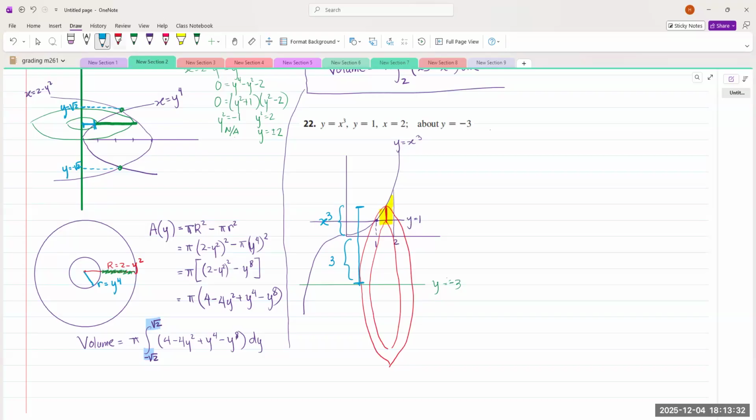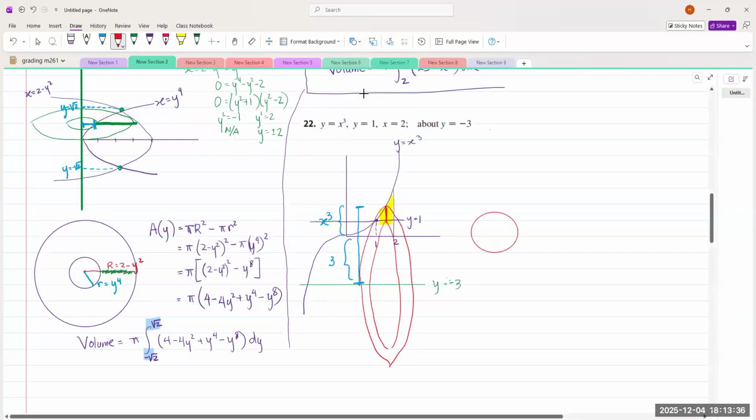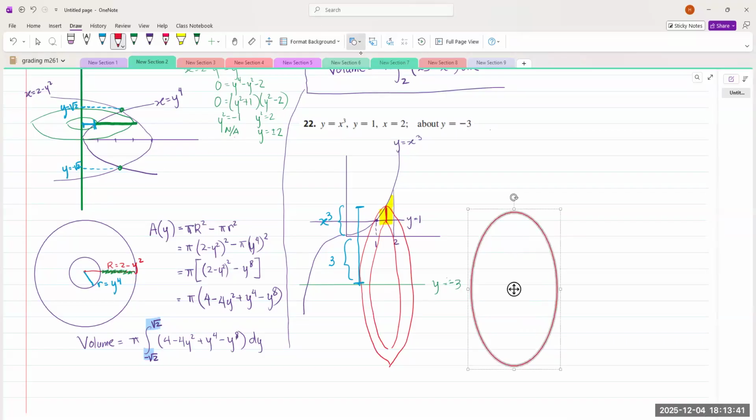Okay, so if we draw that big circle, let's say next to it, I'll just make it an oval so that it doesn't take too much space. The big circle and then a smaller circle. Now notice that the big radius is 3 plus x cubed.